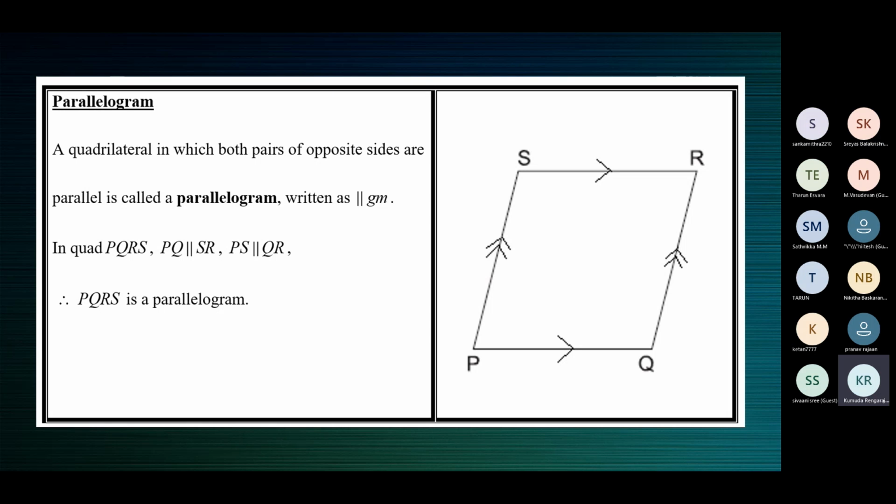In a rhombus, the diagonals bisect the corner angles, right? Yes, ma'am. And also in a square. In a rhombus and in a square, the diagonals bisect the corner angles.